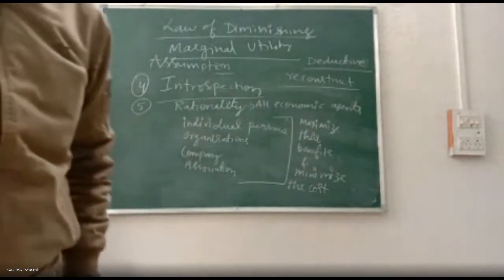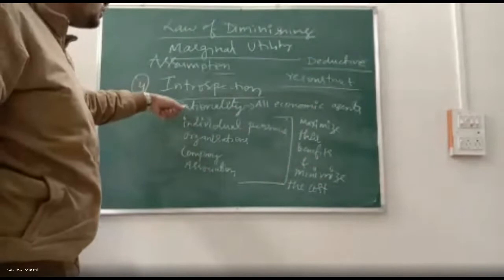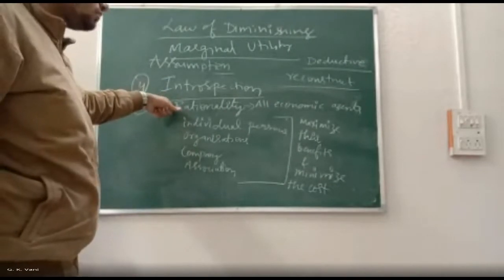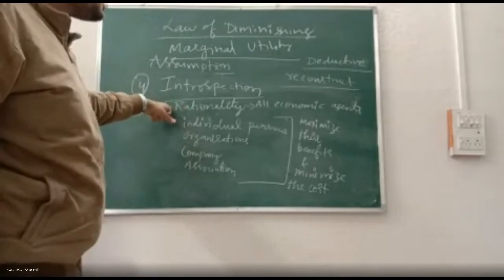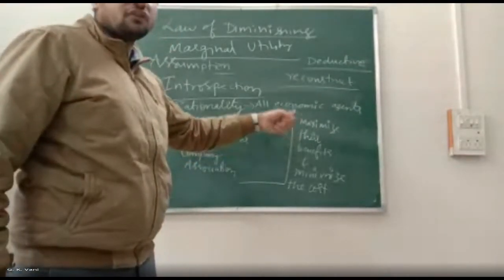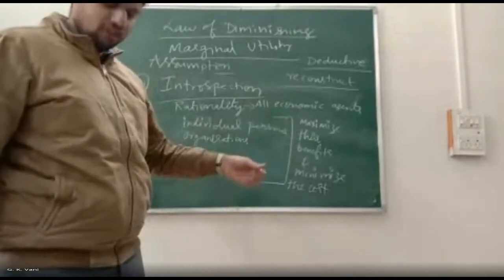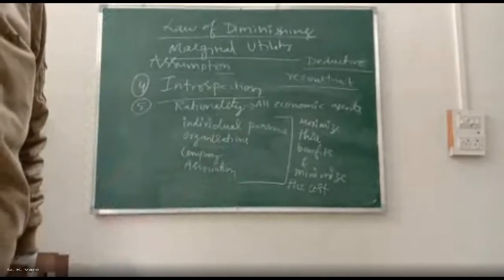So here the consumer is also an individual person. We assume that all consumers, those who are going to consume the commodities, behave rationally. That means they derive maximum benefit from consumption of the commodities which they have purchased.